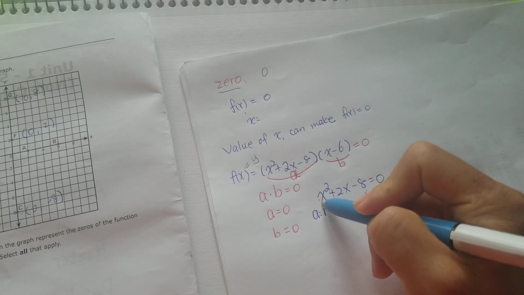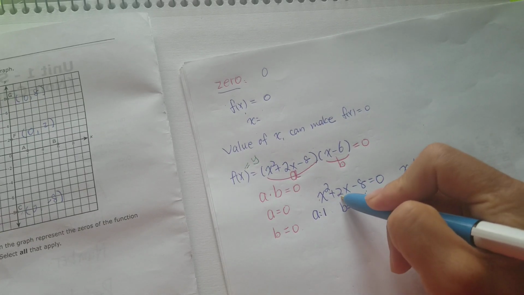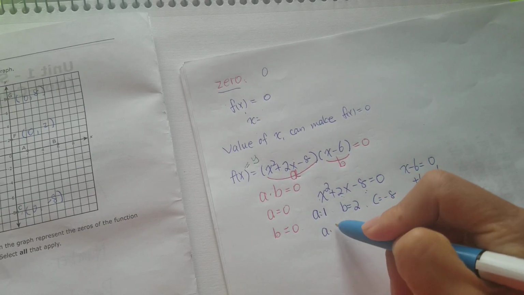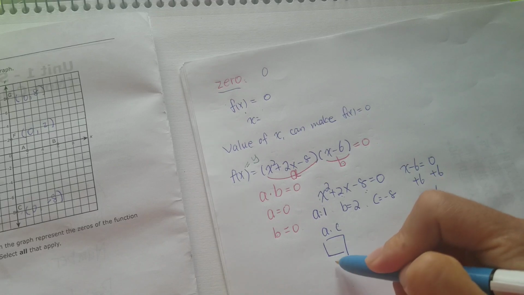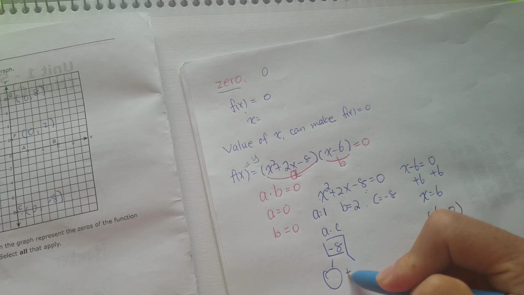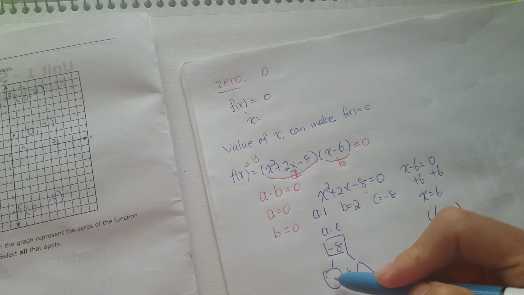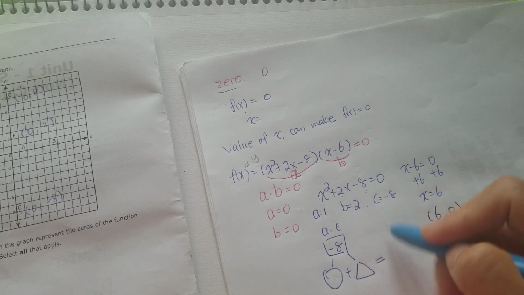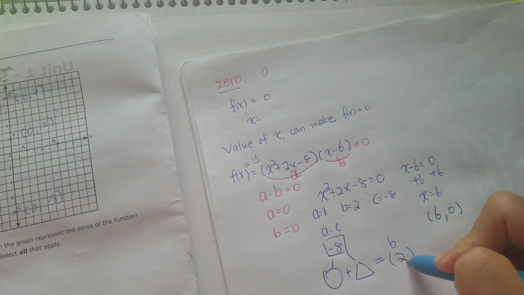Second one, we can use the skill to solve a quadratic function in standard form, where a, the coefficient of the leading term, is 1, b is 2, c is negative 8. Let's multiply a times c, which equals negative 8. We need to find factors that multiply together to equal negative 8 and add together to equal your b. Here b is 2.